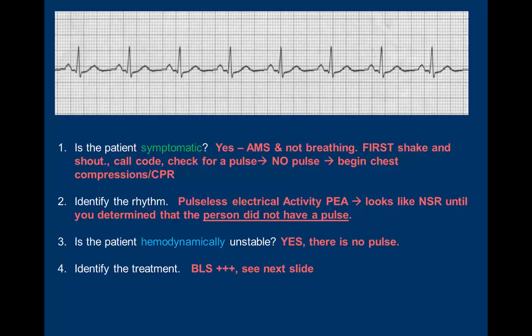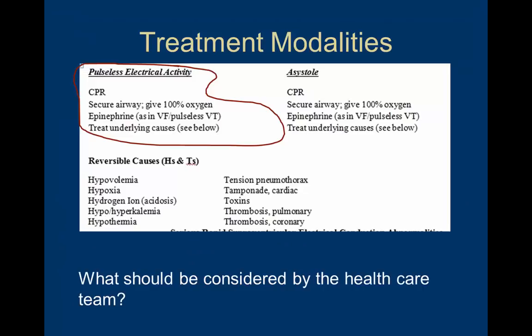So I want to caution you that as soon as you see a strip, and the scenario reads that the patient doesn't have a pulse and that CPR is in progress, your first thought should immediately go to, this is PEA.